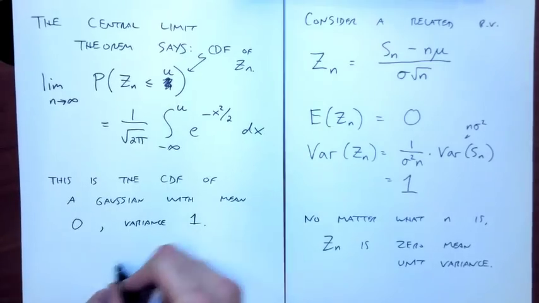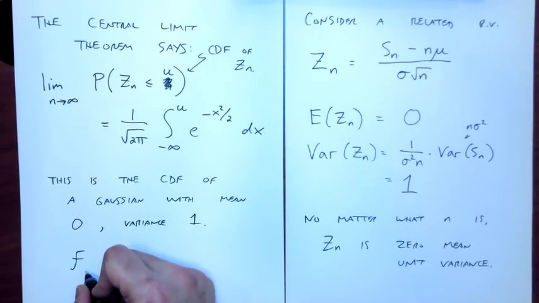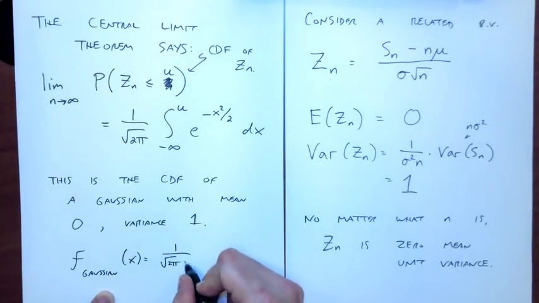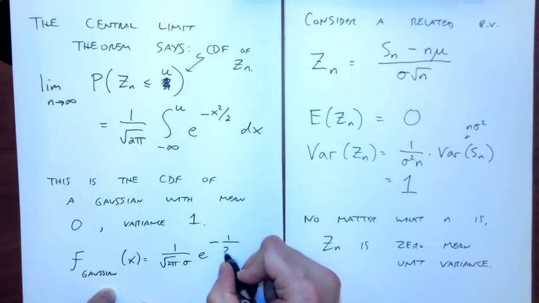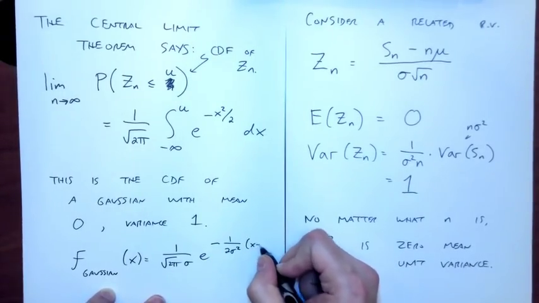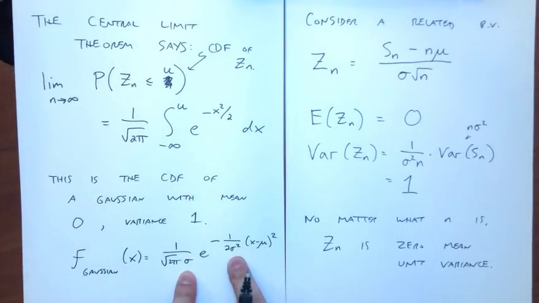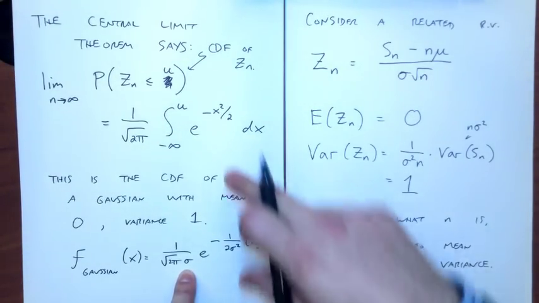Remember the equation for the PDF of a Gaussian: 1 over square root of 2 pi sigma, e to the minus 1 over 2 sigma squared, x minus mu squared.